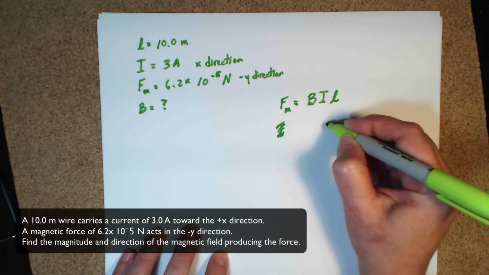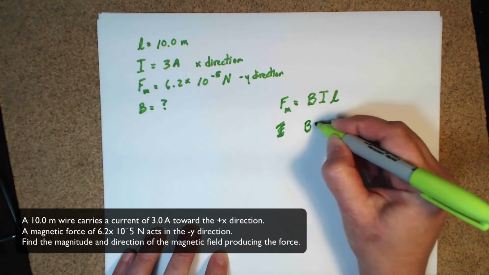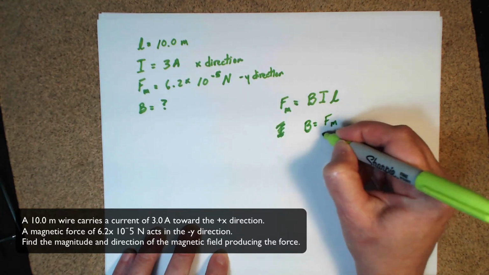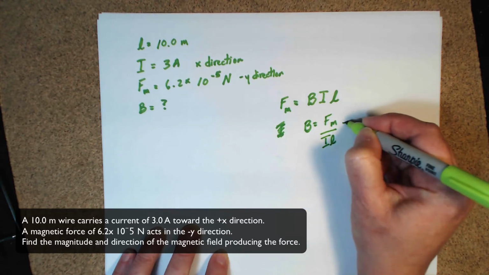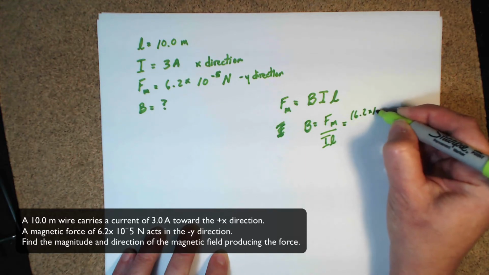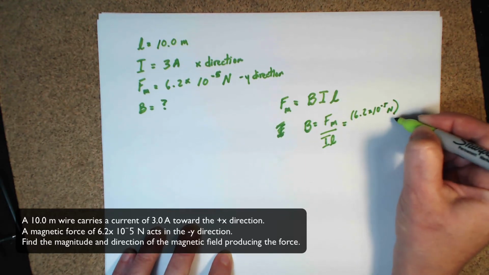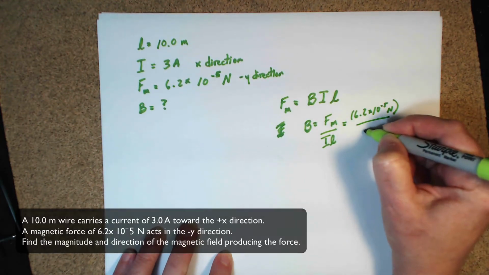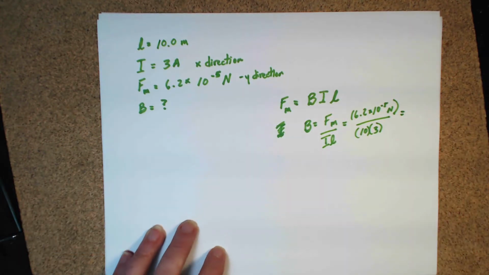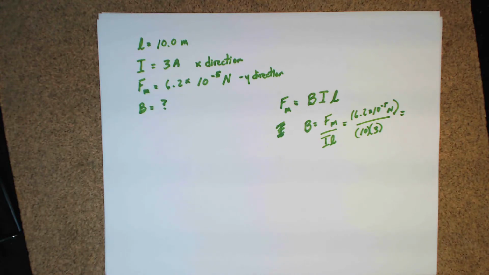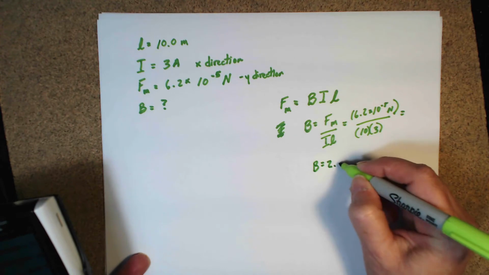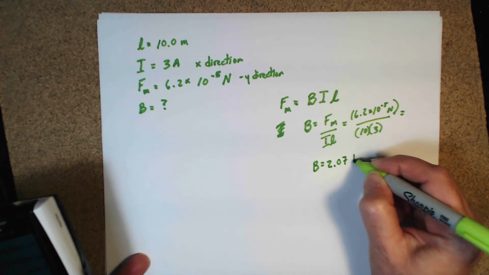To rearrange this formula, we are going to divide both sides by current and length. We substitute our numbers and solve. And we get an answer of 2.07 Tesla.